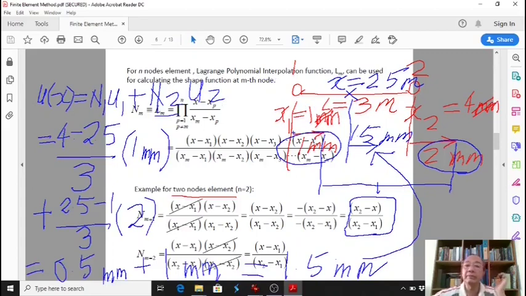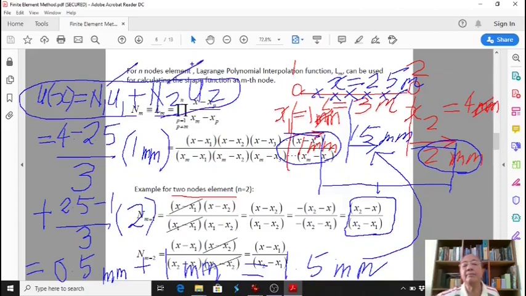If we know the displacement u1 here and u2 here, we can find the displacement at any position on bar element by using this formula, where n1 and n2 we can directly find from Lagrange polynomial interpolation function. Okay, so I think that's it.